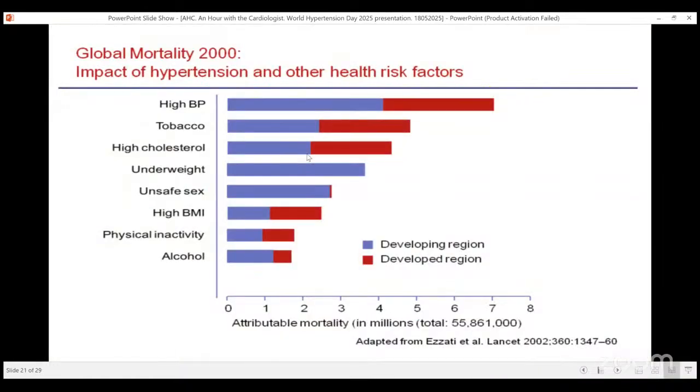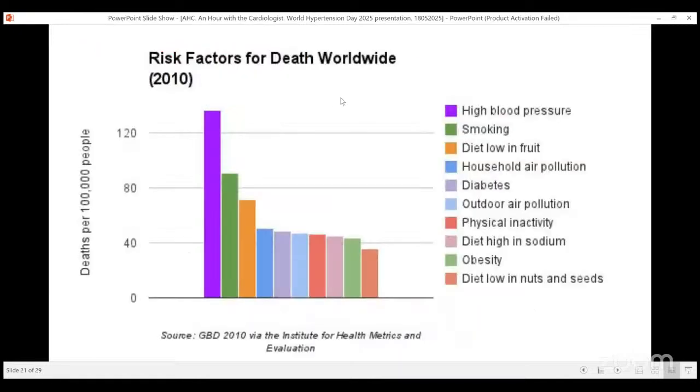All right. Why do we need to control our blood pressure, and what is the impact? One, hypertension is the leading risk factor for death globally. And this has been as far back as the year 2000. It's always been the leading risk factor for death globally. Two, fast forward to 2010, hypertension still retained its position as the leading risk factor for death globally.